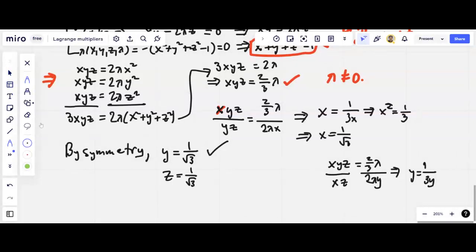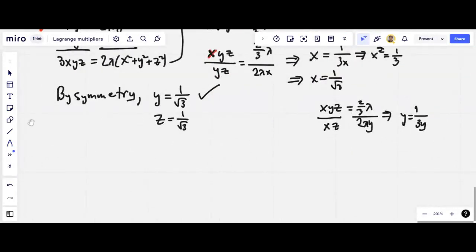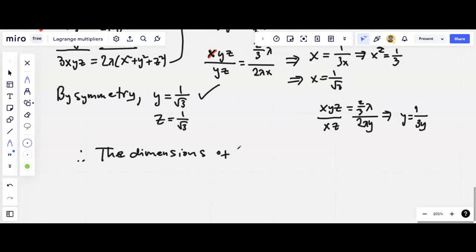So with this, we now conclude that the dimensions of the biggest box will be x equal to y equal to z equal to 1 over square root of 3 meters.